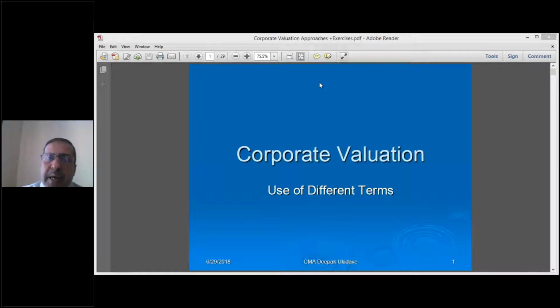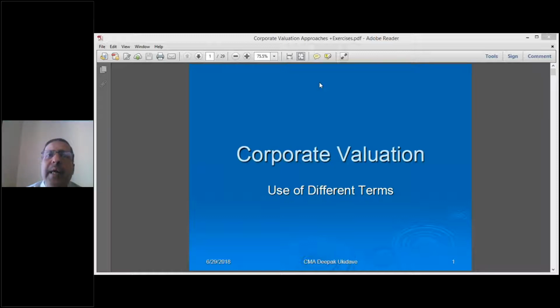Adjustment will have to be made, plus or minus. If it is an expense which is extraordinary, say voluntary retirement payment, a lump sum payment made to VRS employees, that is only a one-time event in the life of the company. Every year the company doesn't make VRS payment, so that is a non-recurring expenditure. Any such non-recurring expenditure has to be added back to past profit in order to estimate future profit.